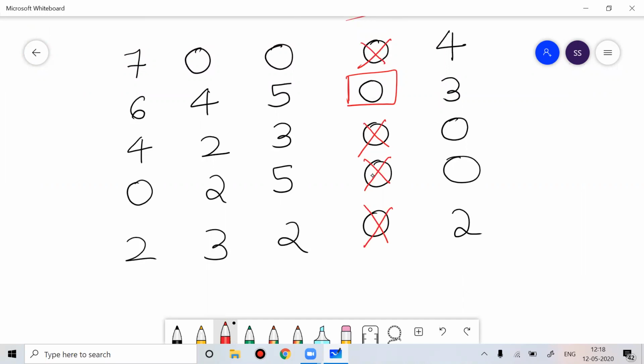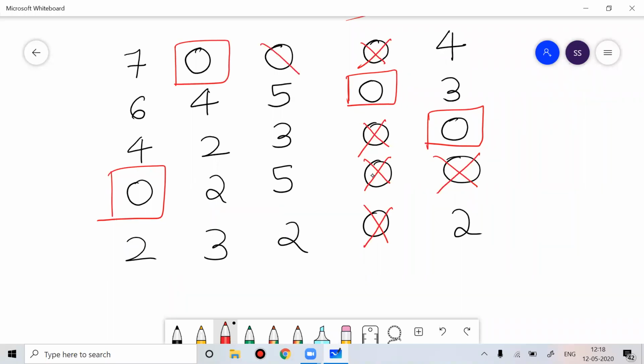Then here we did allocation, then here, and we cancelled here. Similarly, for the second column we did allocation here, so we cancelled this.